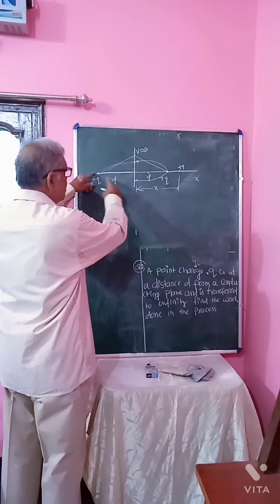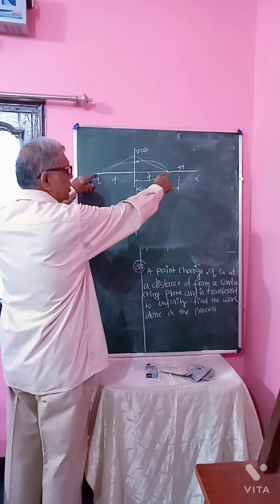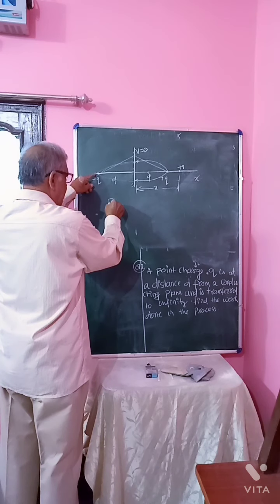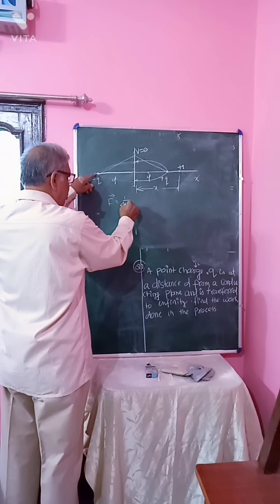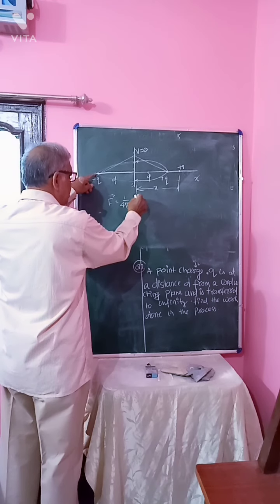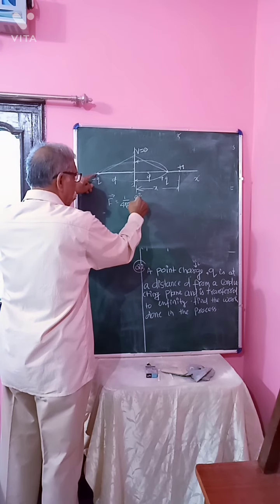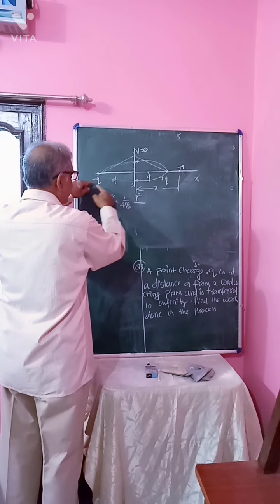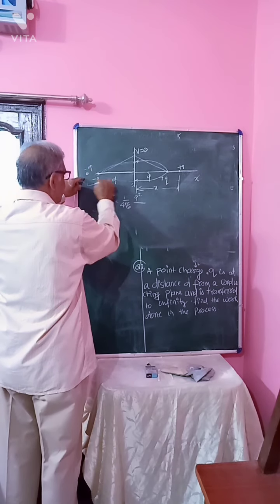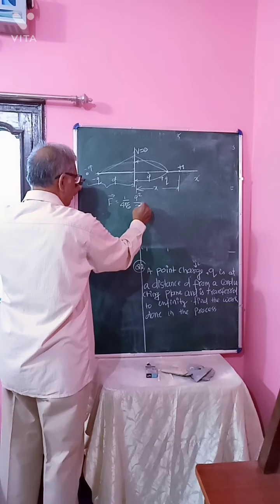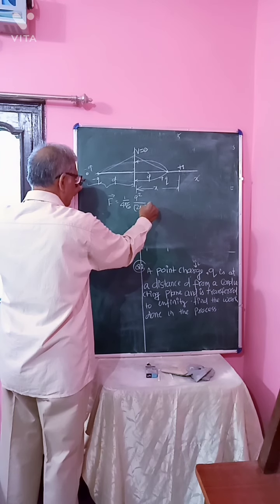The force acting on the charge plus q is equal to 1 by 4 pi epsilon 0 q square by, the distance x, image charge is also at the same distance, minus q, this is x, so 2x whole square.